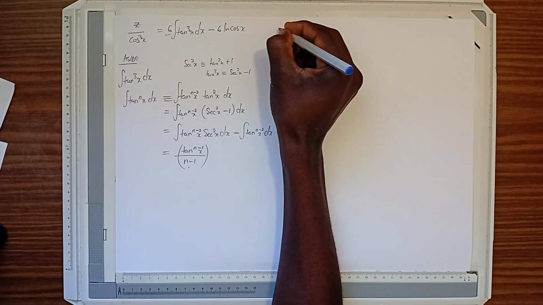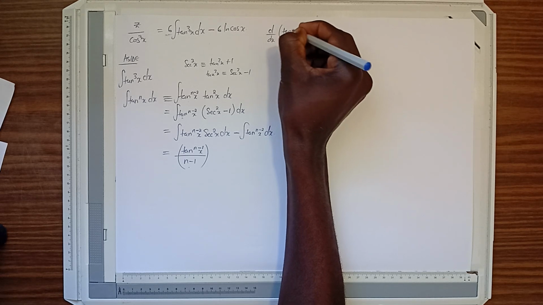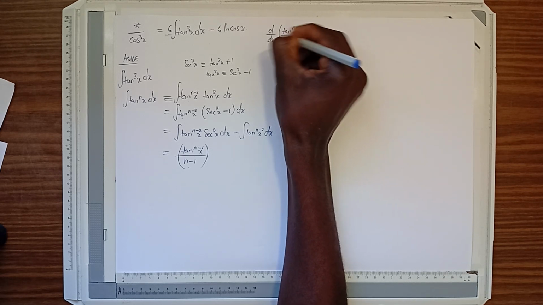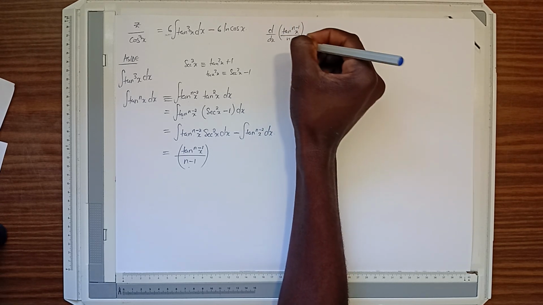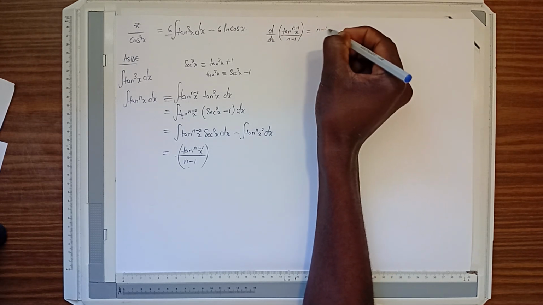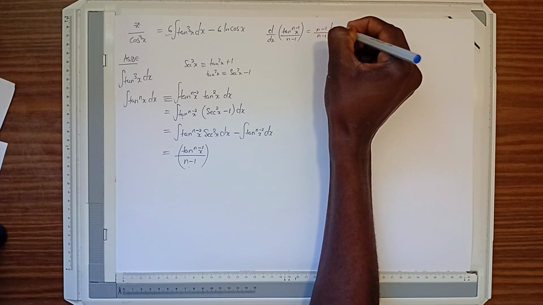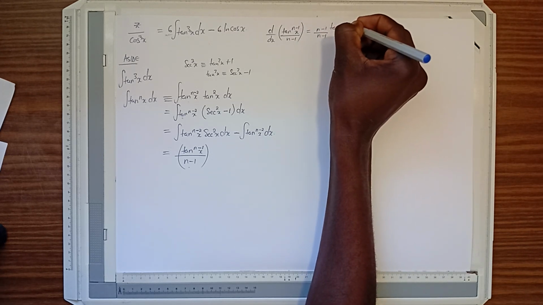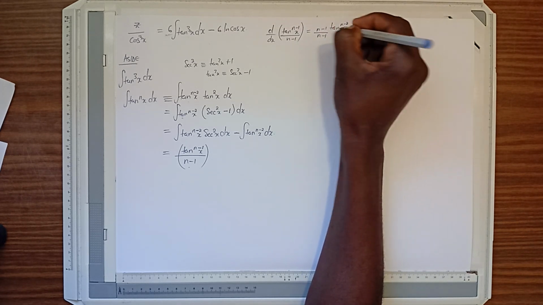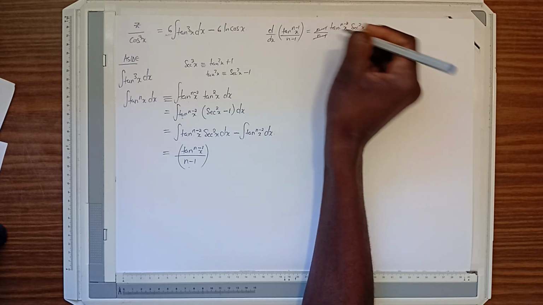Let's prove it. If we say d over dx of tan to the n minus 1 of x over n minus 1, like this, we bring down n minus 1 over n minus 1. Then we reduce the power by 1 here, we get n minus 2 of x. If we differentiate tan, we get sec squared of x. This one and this one will cancel.